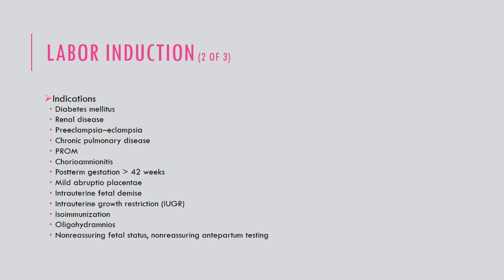Patients who have mild abruptions. Notice that word mild, and I'm talking very mild. So we have just a small, teeny tiny little spot that the placenta has separated from the uterus. And if you were going to induce somebody with a mild abruption, you would continuously monitor that baby.